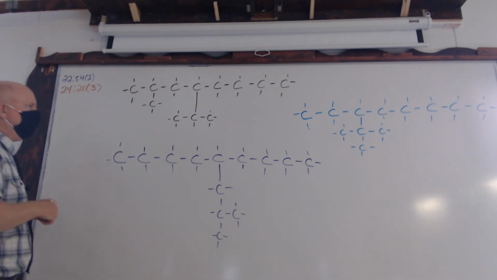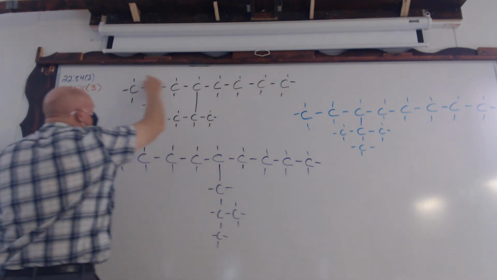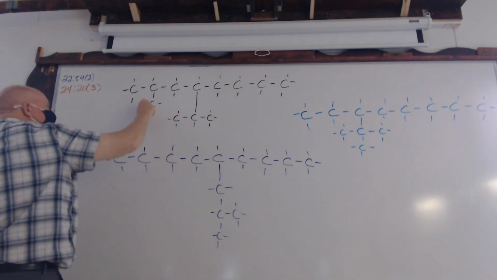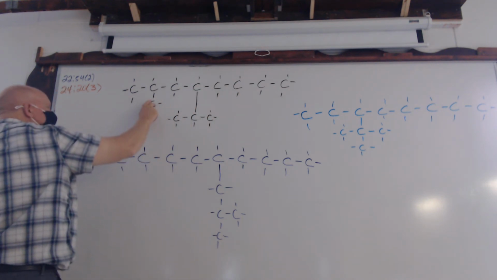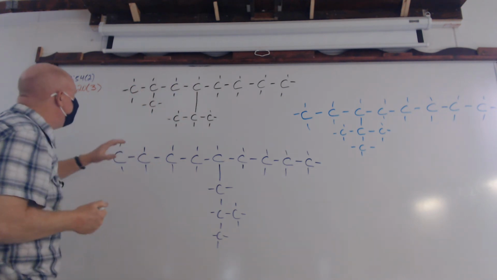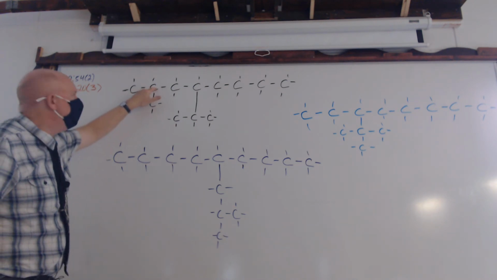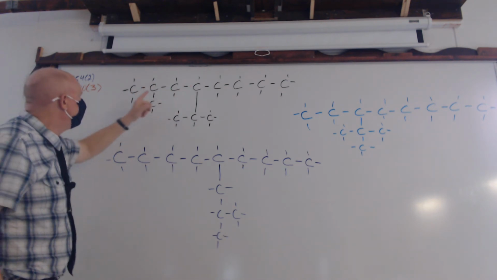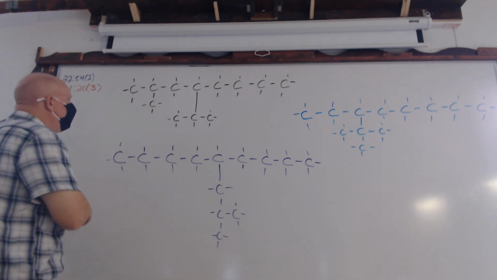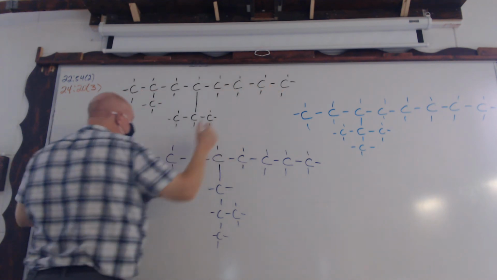Now, it wouldn't matter if you counted this way, or it went up and over. You might say, well, this is a branch. Well, it could go this way, and that's a branch as well. Because regardless, there's a methyl group branching off of carbon, whether you're going up and over or straight, and that one's down. So like you correctly said, octane, 2, 4, 6, and 8.